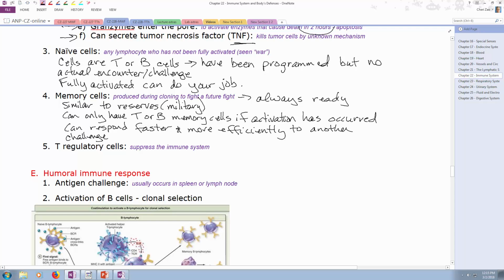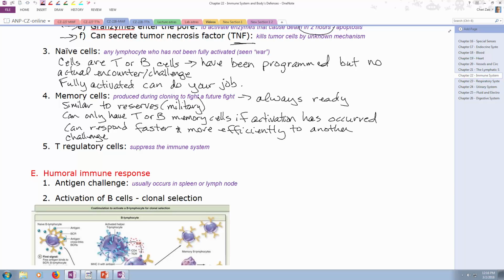It must clone, right? So a memory cell must also clone. You have to understand activation is always a two-step process, and you need cloning to make a larger military in order to meet the challenge. But the nice thing is you have a lot of already satellite clinics out there, so to speak, ready to actually encounter the pathogen and then respond to that pathogen by cloning and then directly attacking.